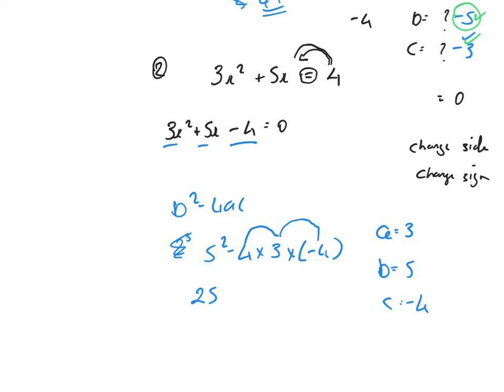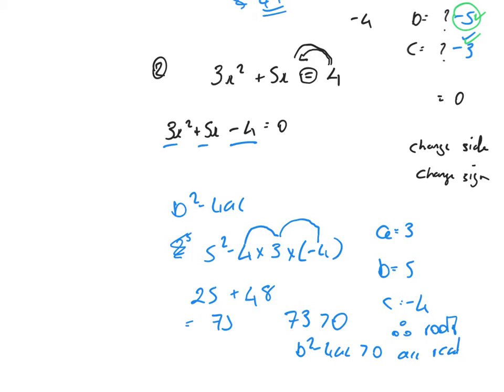Minus 12 times minus 4 is plus 48. 25 plus 48, that's 73. 73 is greater than 0, which means b squared minus 4ac is greater than 0. Therefore, roots are real and distinct.